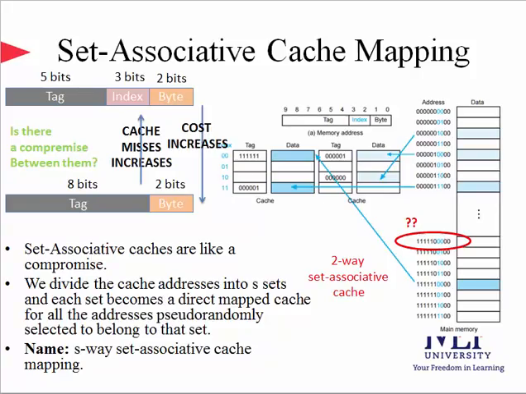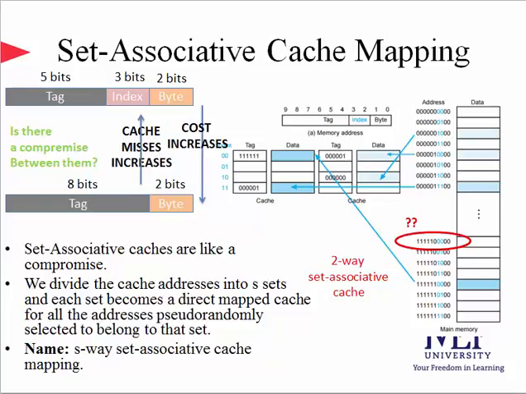As can be seen, both of the mappings we covered so far have their own pros and cons. As the tag size increases, the cost associated with implementing the cache increases. Yet a smaller tag size causes unnecessary cache misses, more frequently than otherwise, as we have seen in direct mapped caches. So a compromise between these two extremes might be needed that hopefully solves the trade-off well.